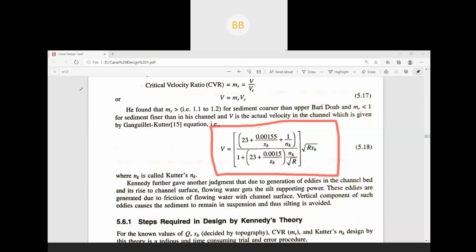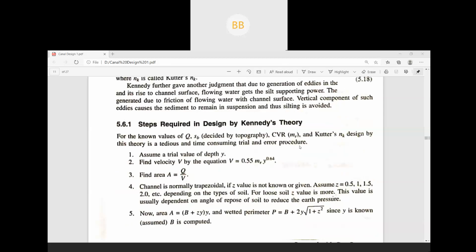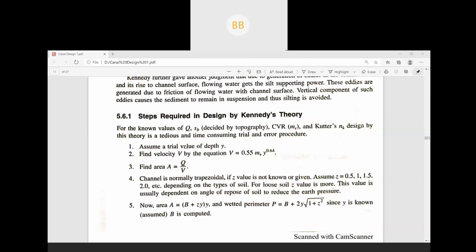Okay, so see why I have said it is a trial and error method. In the very first step we have assumed the depth of flow. For that assumed depth of flow we have calculated velocity by using the equation 0.55 multiplied by critical velocity ratio multiplied by y to the power 0.64.